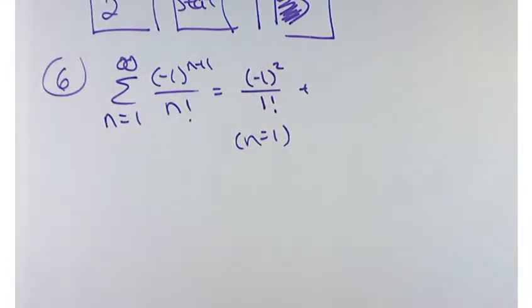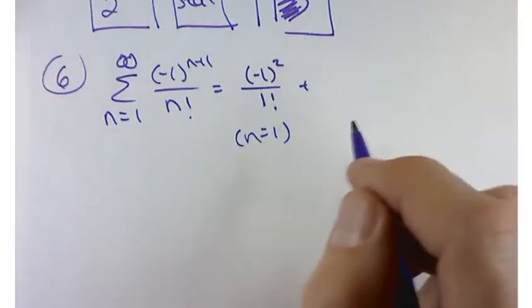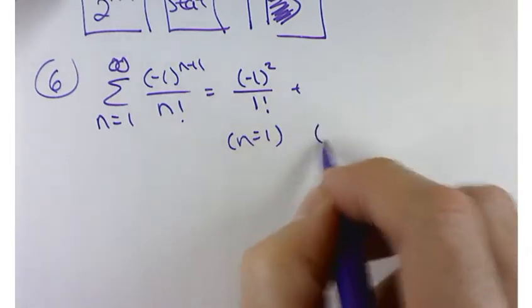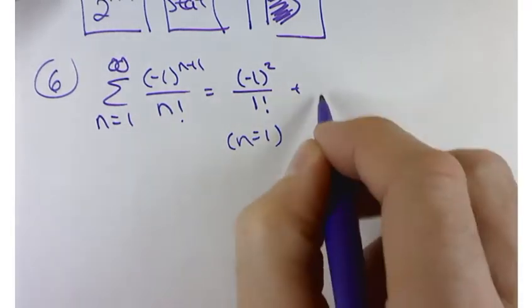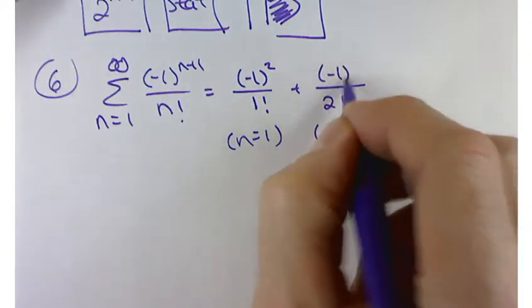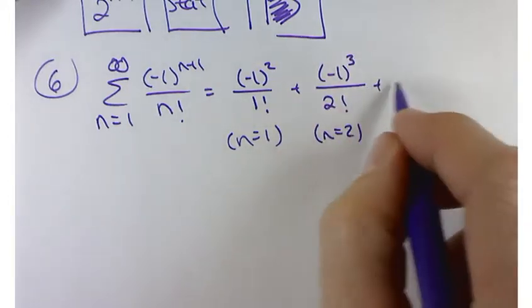Now this summation notation, hopefully, is something that you've seen before, in college algebra and calc 1. So plus, and now I need to know what happens at n equal 2. At n equal 2, it's 2 factorial, negative 1 cubed, and so on.